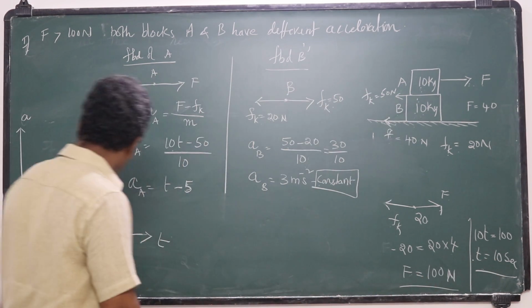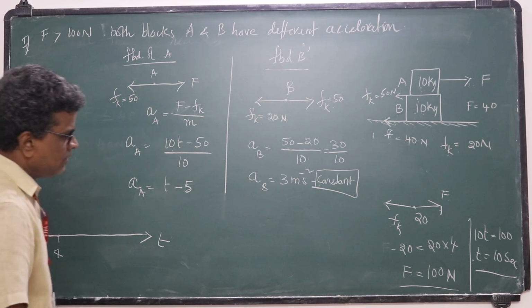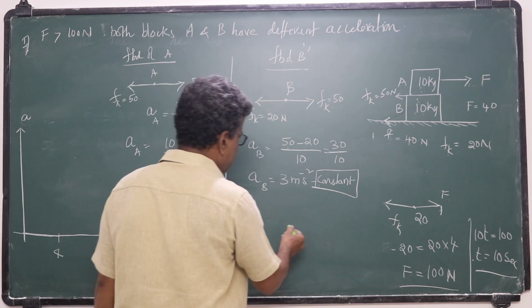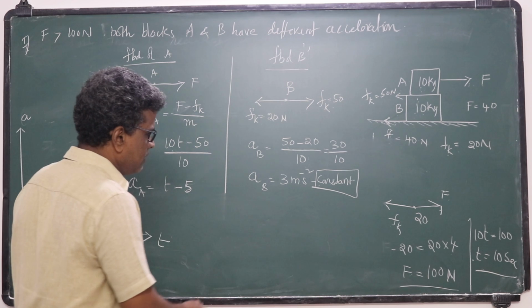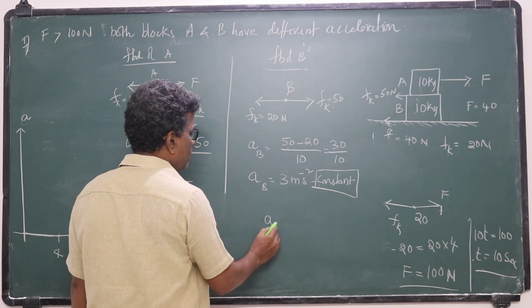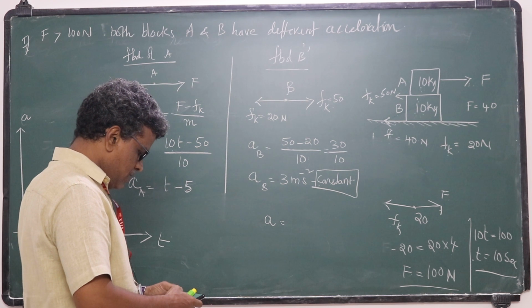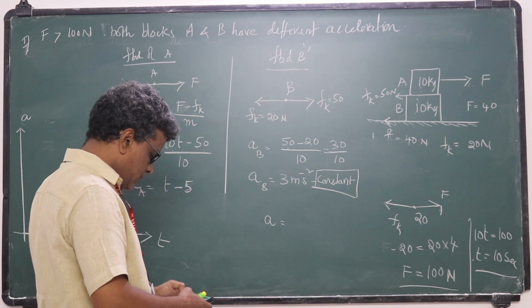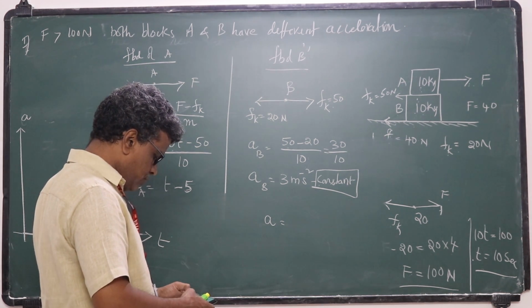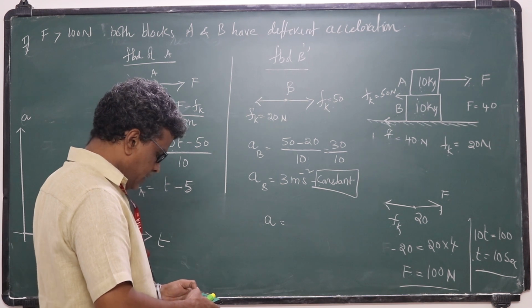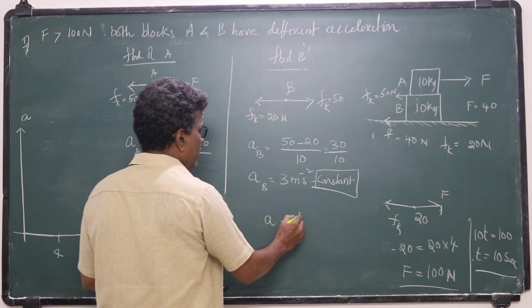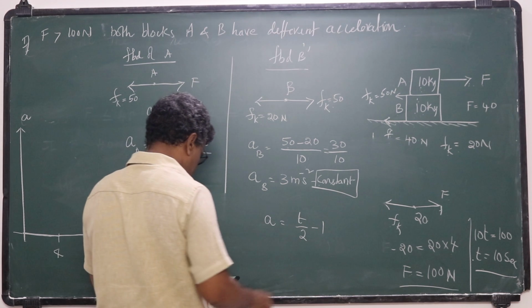What is the formula for this common acceleration? As I said, a is equal to t by 2 minus 1.